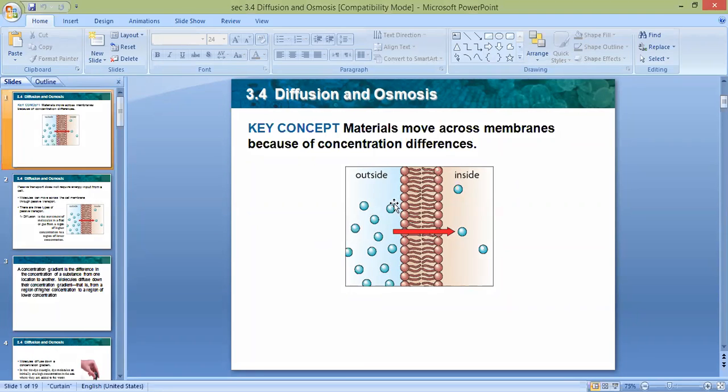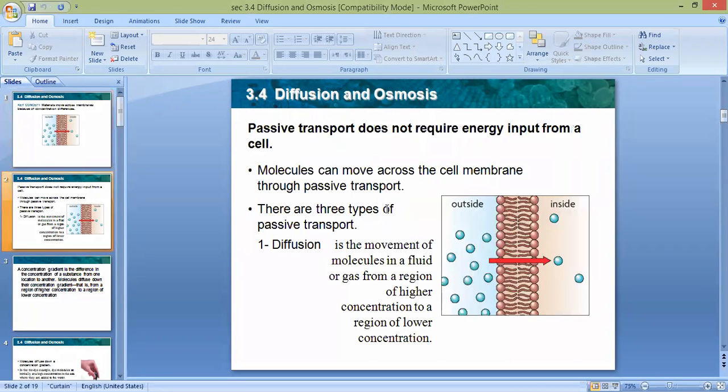If there are no concentration differences, the molecules cannot pass or move across the membrane easily. Now, we have different types of passaging or transporting. The first one is passive transport, which doesn't require energy input from the cell.